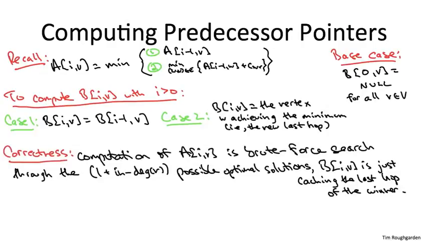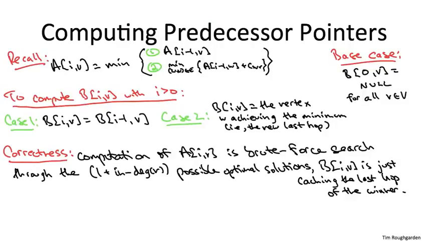Now notice that just like the formula that we used to populate the capital A array, the original array, to compute these B(i,v)s, all we need to know is information from the last round, information from round i-1. So just like with the A array, we can throw out all of the predecessor pointers that date back before yesterday, before the previous round.